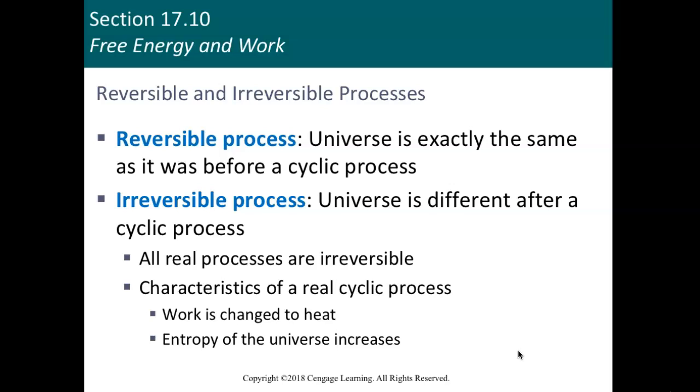In a truly reversible process, we say the universe is exactly the same as it was before a cyclic process occurred. In an irreversible process, the universe is a little bit different. Now, all real processes are irreversible. So again, think about charging a battery. You plug your phone in and it charges the battery.